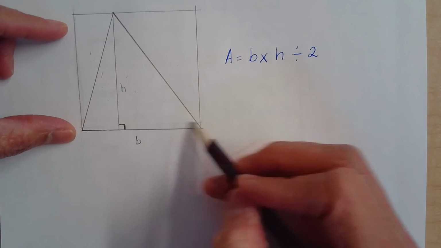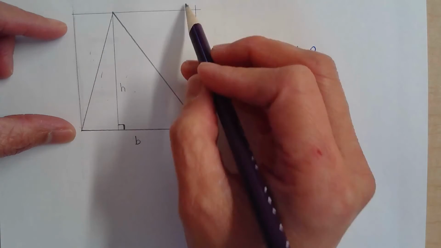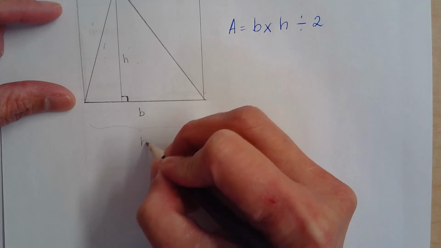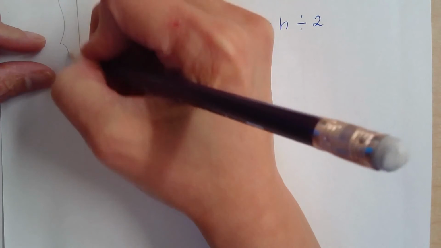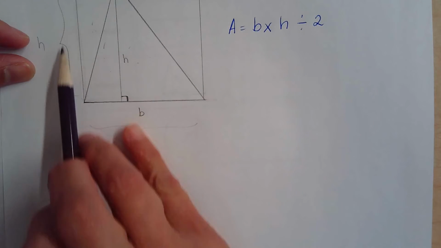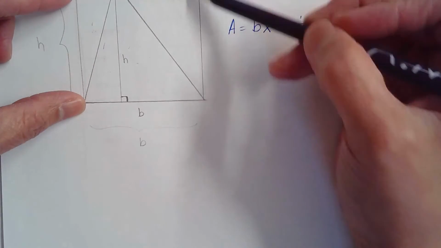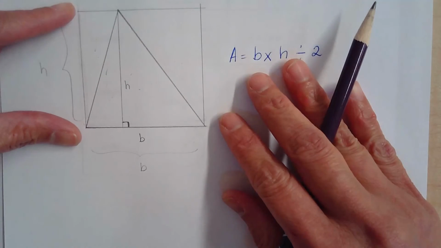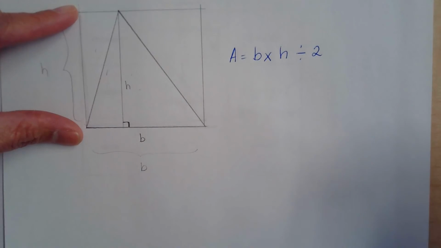So here, if we take a look at the whole thing, this one should be the base, and then this one times the height. Well, if I go base times height, that's the area of this rectangle, right? We don't want the area of the whole rectangle.